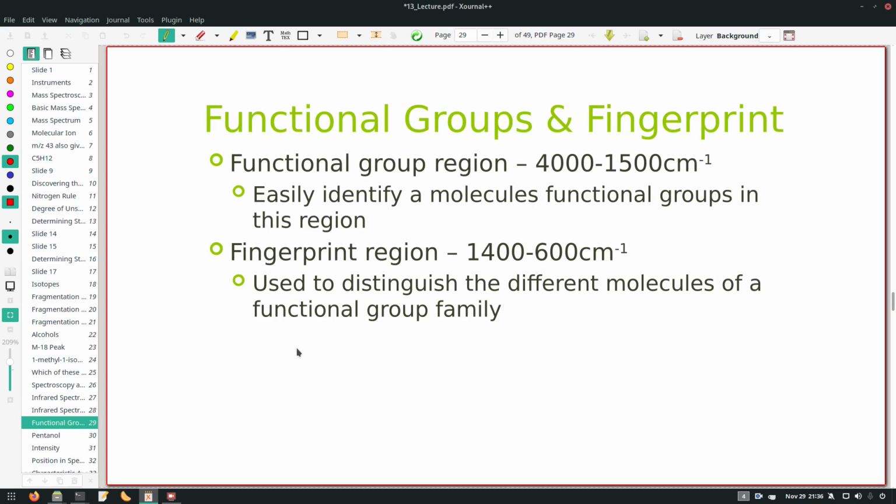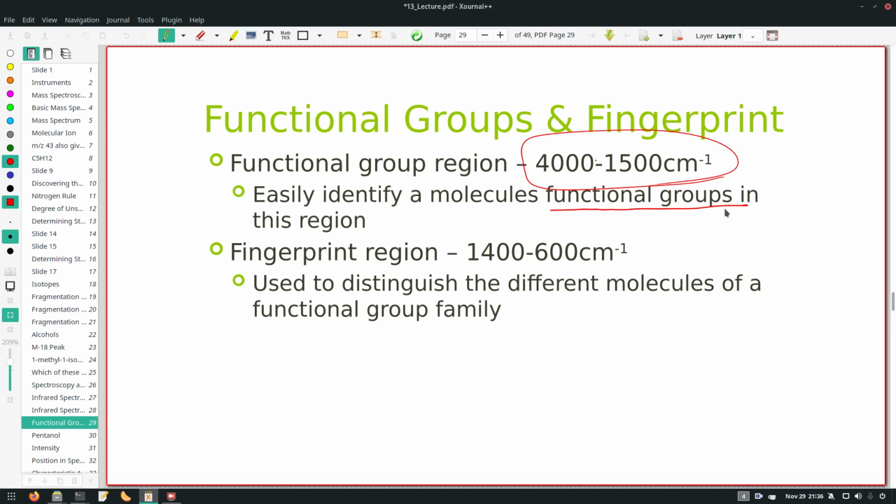They show up in very distinguishing locations. We actually see them all in this range, 4,000 to 1,500 wave numbers. But they always show up in the exact same location. So they identify the functional group, not necessarily the molecule. The fingerprint range, or everything else, actually distinguishes the individual molecule.